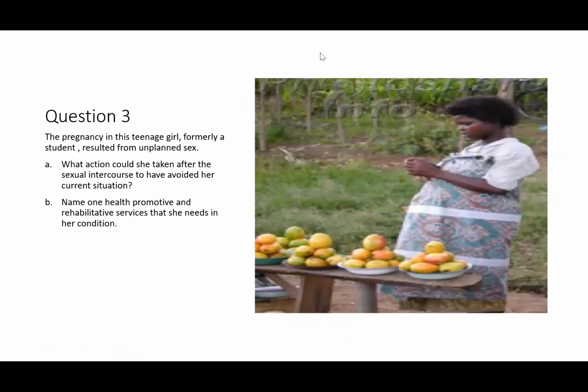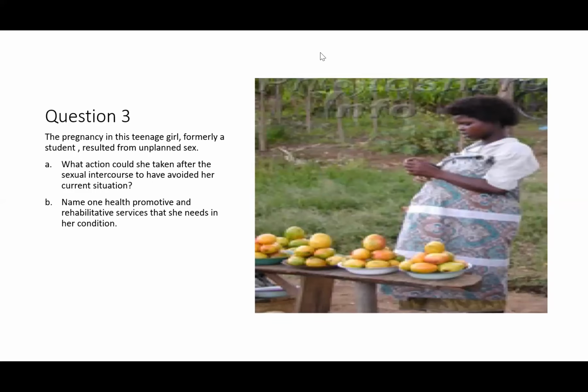The third question says, you can see this picture is of a teenage pregnancy. The pregnancy in this teenage girl, formerly a student, results from unplanned sex.